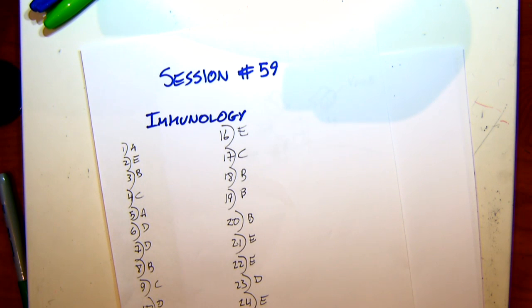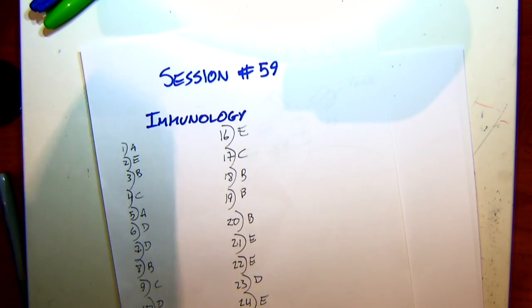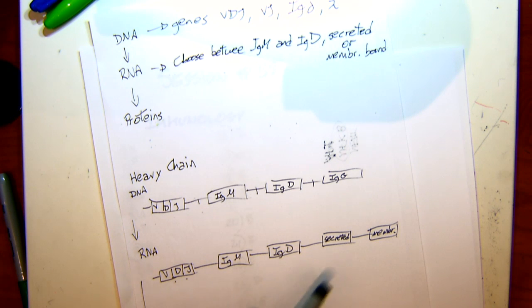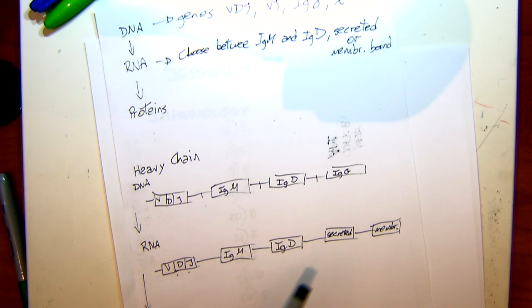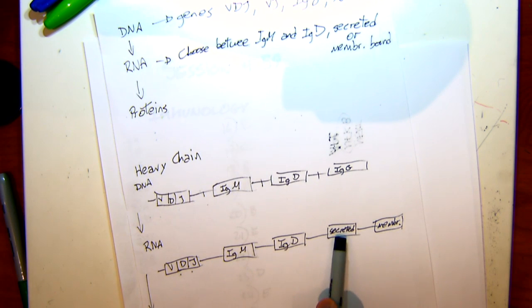25, we're asking about mature B cell. We'll choose whether to produce IgM or IgD through RNA splicing. Remember, we went over this. There it is. RNA splicing. So you're going to have your VDJ genes. It's going to choose between IgM or IgD. And then it's going to be able to choose between secreted or membrane bound. In this case, it's asking about IgM or IgD.